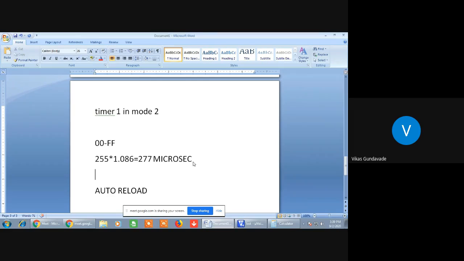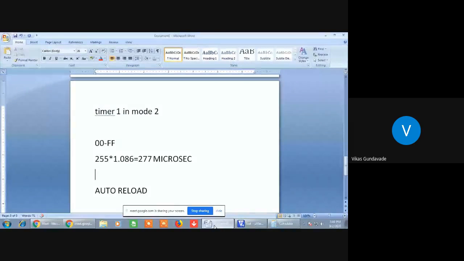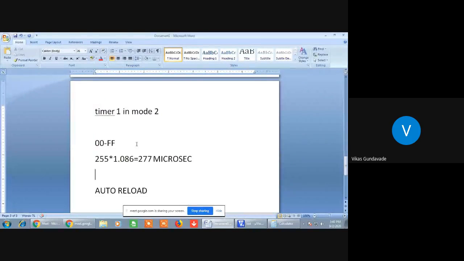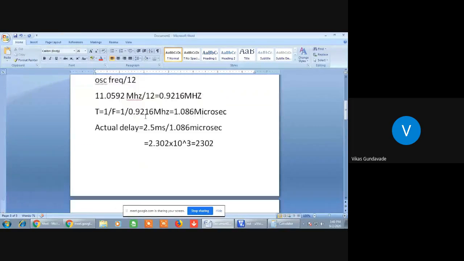Now, according to this delay, if we want to calculate the frequency of the wave, see, here we have generated the square wave. What will be the frequency for this square wave? Here one cycle takes 5 milliseconds. So what will be the actual frequency for that 5 millisecond delay cycle?